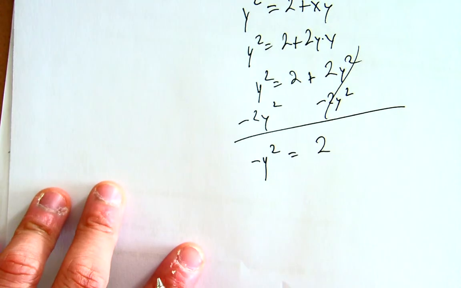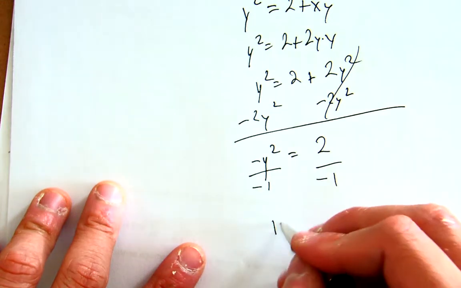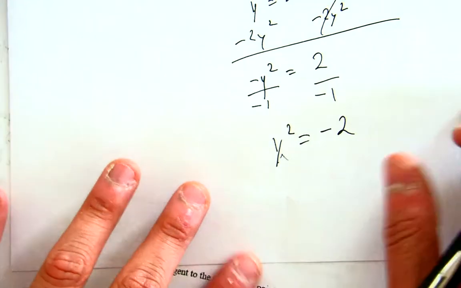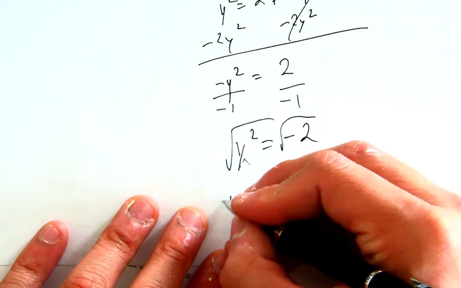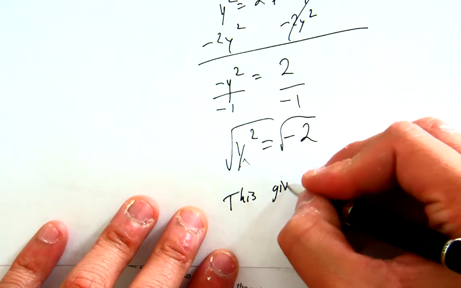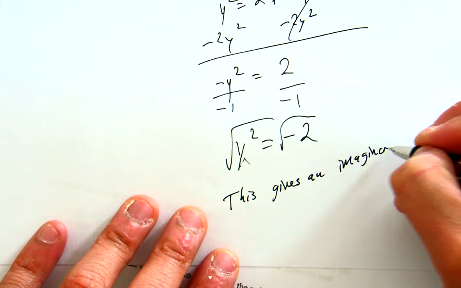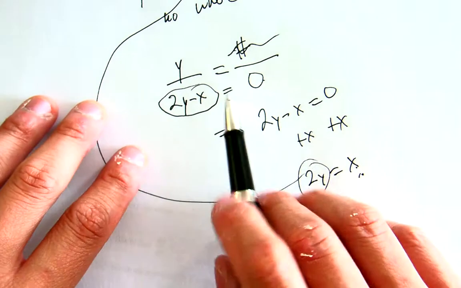Can you see it now? If I divide by -1, we have the square root of a negative, and this is impossible, right? So this gives an imaginary answer. So whenever it asks you to say something can't be true, pretend that it is true, and then what you will get is a contradiction.